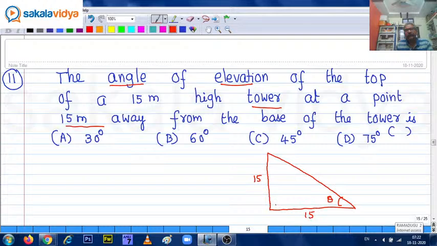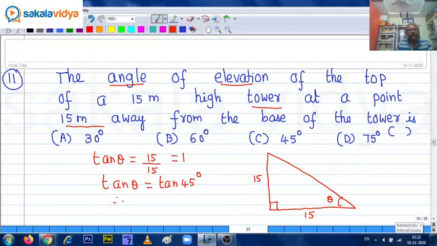Both are equal. So find tan theta. Tan theta is equal to opposite by adjacent, 15 by 15, equal to 1. So tan theta is equal to tan 45 degrees. Therefore, theta is equal to 45 degrees. Since height and base are the same, the angle will obviously be 45 degrees. C is the right option.